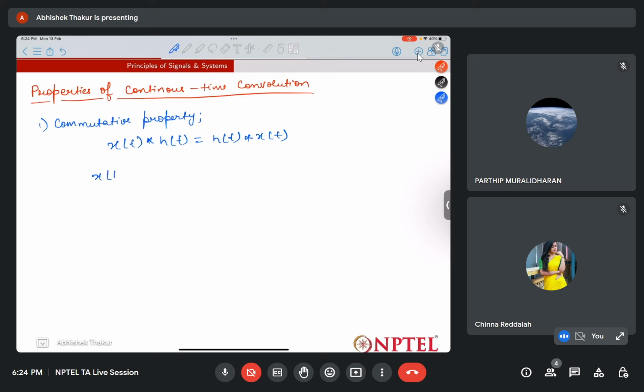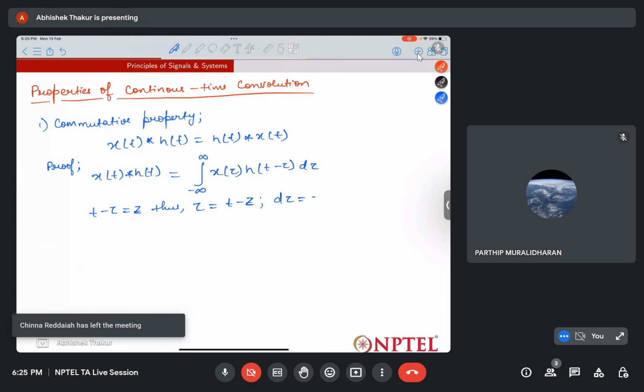Let's take x(t) convolution h(t), given by the formula integral from minus infinity to infinity x(tau) h(t minus tau) d tau. What we'll do is take t minus tau as z, thus tau is equal to t minus z, therefore d tau is equal to minus d z.